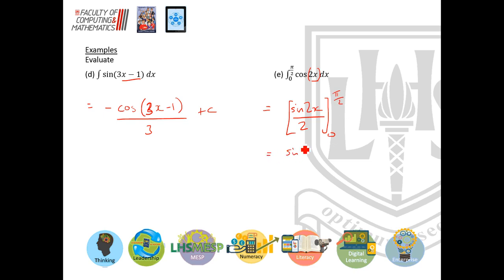So it's sine of 2 times pi over 2, over 2, subtract sine of 2 times 0, over 2. 2 lots of pi over 2 is just pi, which is 180 degrees. Sine of 180 we know is 0. So that's just going to be 0, and then sine of 0 is also 0, so this whole thing is just going to be 0.